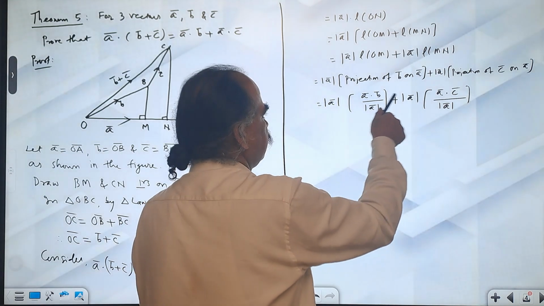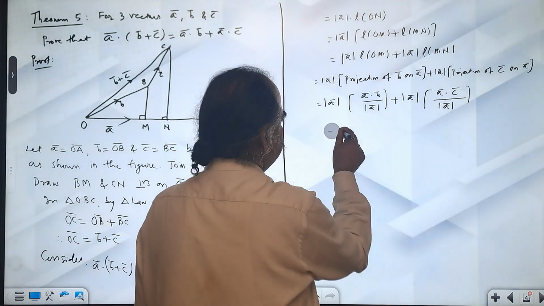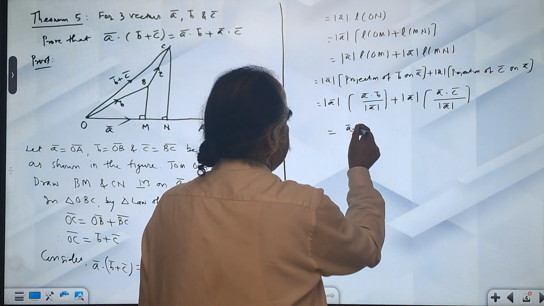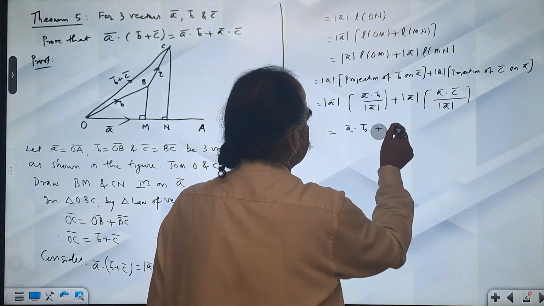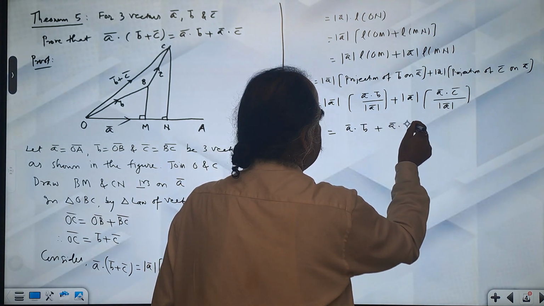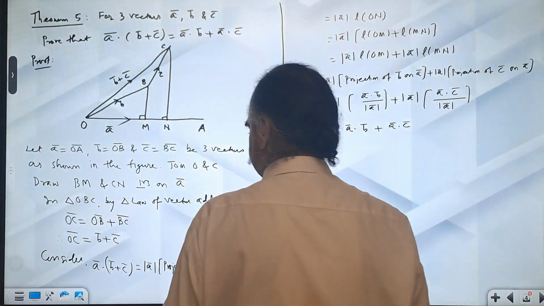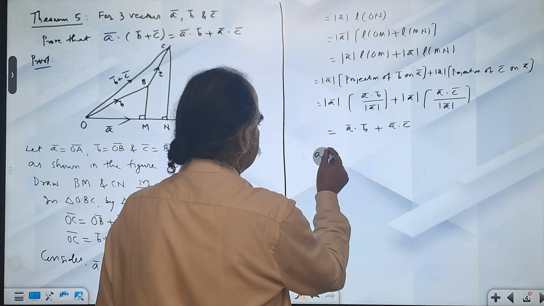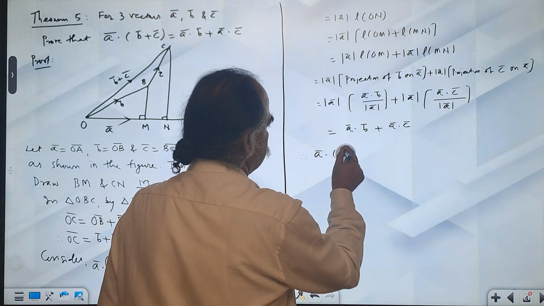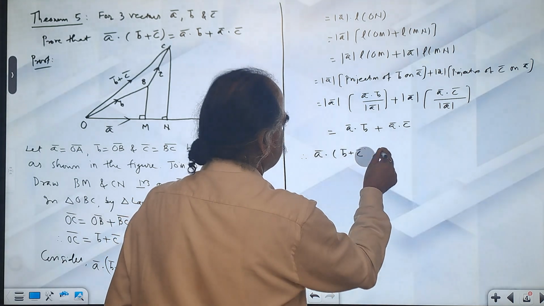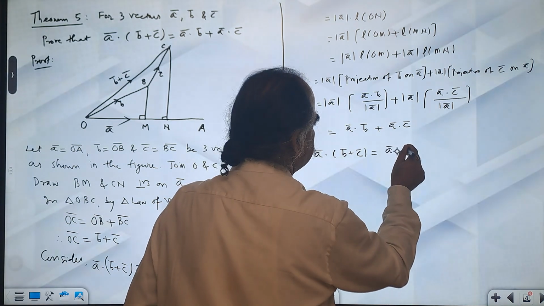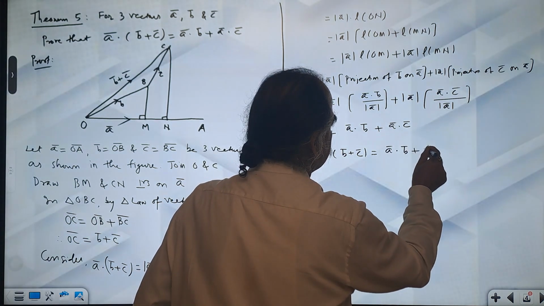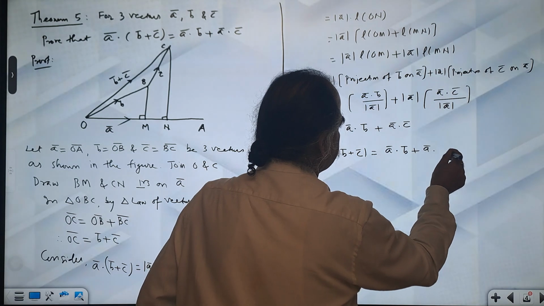Now this mod A bar will get cancelled. What is left? A dot B plus A dot C. We started from A dot B bar plus C bar, which is equal to A dot B plus A dot C.